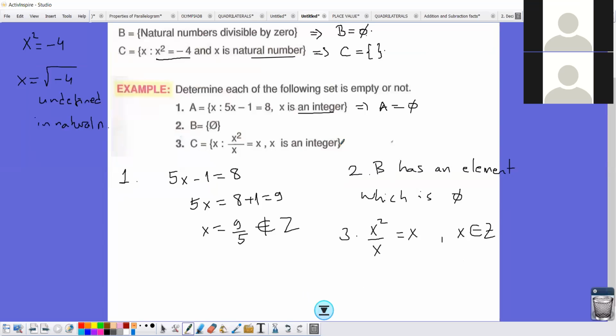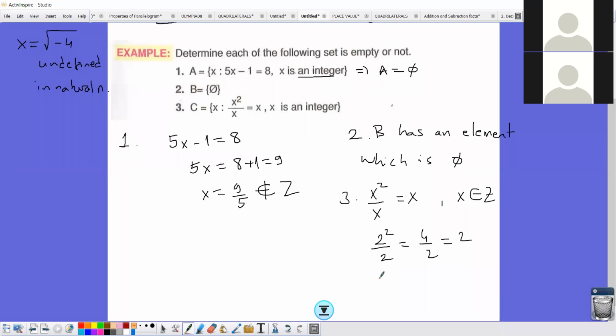It works with 2, teacher. 2 to the power of 2 is 4, over 2, which is 2. Also 1 satisfies, and 3 satisfies. 1 over 1 is 1. So as you see, there are some elements, so C is not an empty set. Did we understand the logic of it? Yes, teacher. Okay, can I continue?